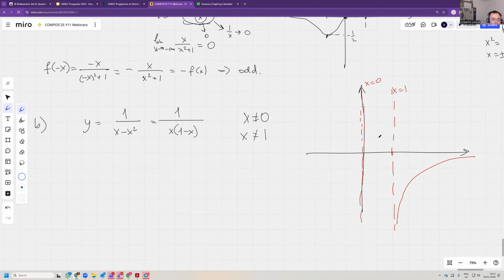In between, when it has a minimum point, it has a minimum point at 0.5, I suppose. Yeah, 0.5, 0.5 minus 0.25, so 4. So the graph goes like this, and then it goes like this.